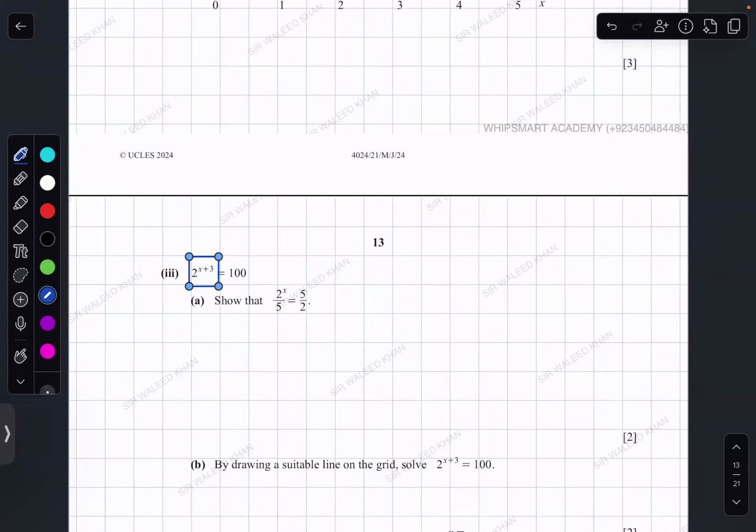So if I split them, according to a law of indices, for example, if I do 2 power 2 times 2 power 7, what should happen to the powers? What should happen to the power?